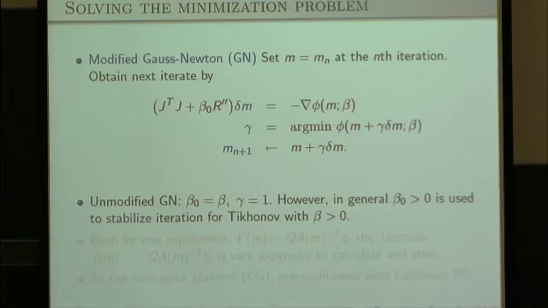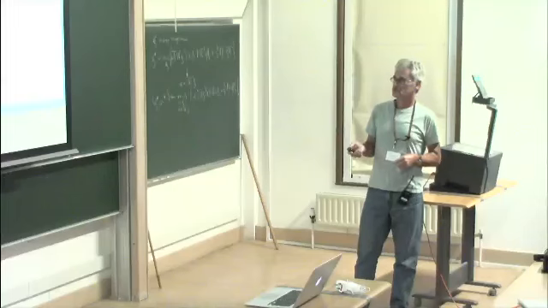But then we look at it and we say, let's call this beta 0, because this beta talks about the Tikhonov regularization, whereas this term all it does is regularize the linear iteration. They have different functions, therefore they should not be the same. So we'll talk about beta 0 and beta in a moment.